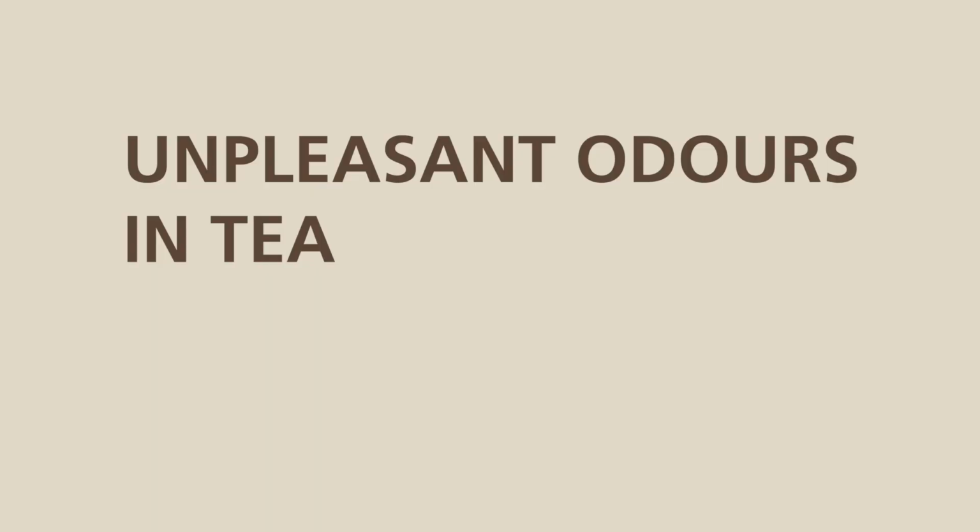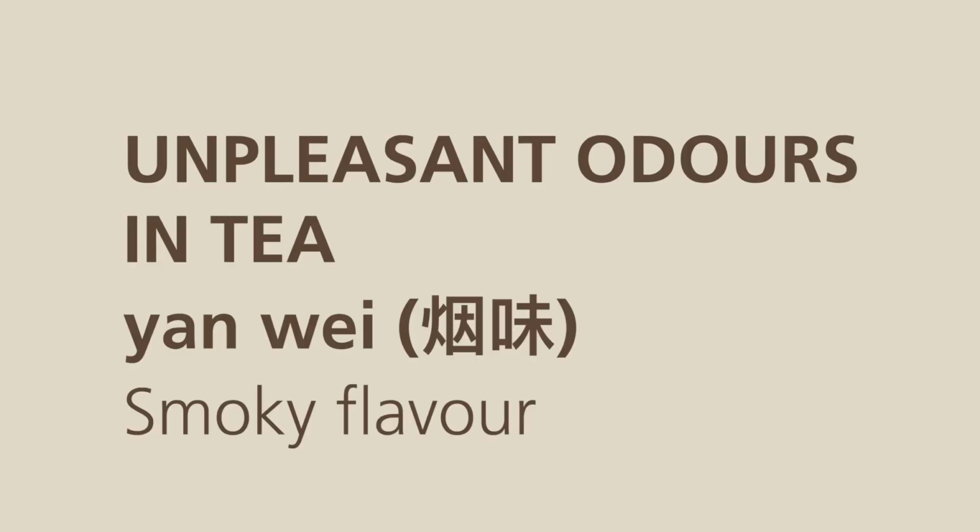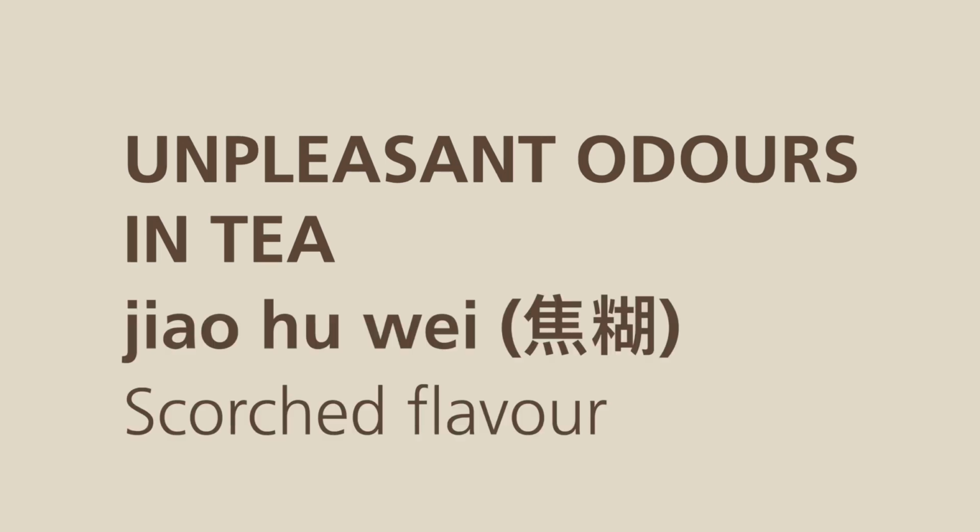First off, we can repeat two odors from the first video on wei, and those are a smoky flavor, which is xiangwei, or a scorched flavor, which is jiao. If you don't remember those two, I recommend going back to the video on ziwei and watching to find out what these two words really encompass.